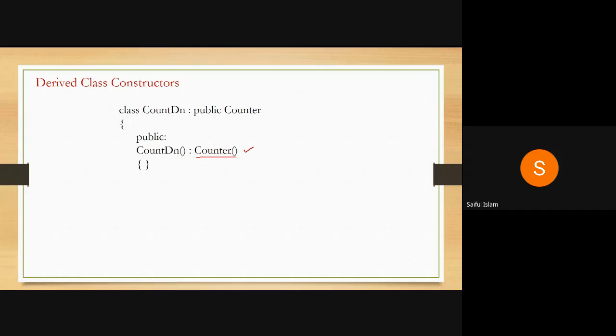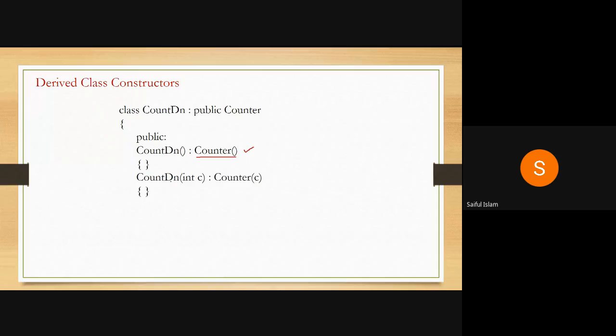That is the name of the constructor in counter, and it's basically invoking the constructor of a base class. So the initialization list can be used for initializing variables. It can also be used for invoking functions. So I am invoking the function counter. This is the default constructor of a base class.